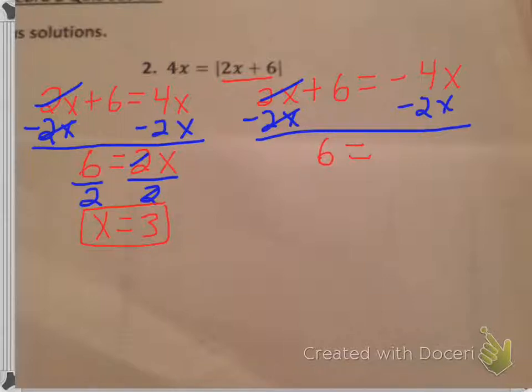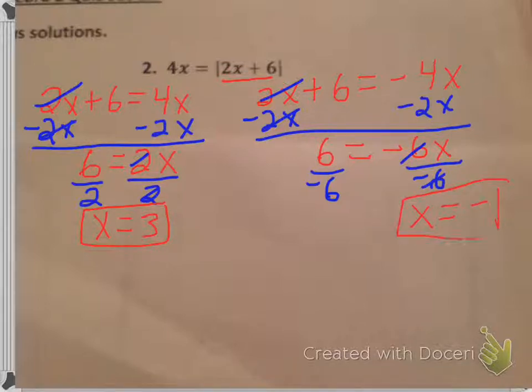They're both negative, so we have like signs, so we add, and that gives us a negative 6x. Now I want to get the x by itself, so I divide by negative 6, divide by negative 6. The negative 6 and the negative 6 cancel, and that leaves us with x equals, and 6 divided by negative 6 is negative 1. And that is your answer for this side.